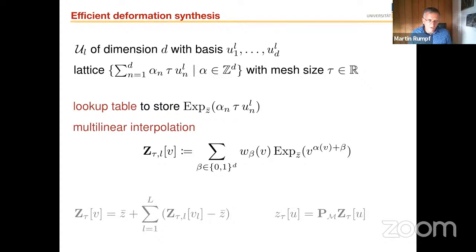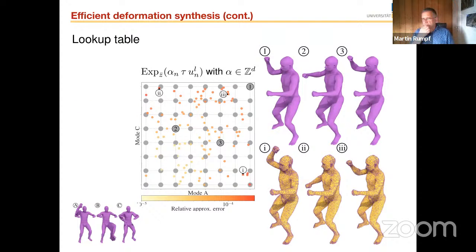And then we join all this information from the different subspaces in linear fashion. We project them with a very few Gauss-Newton steps. And this is visualized here. So here is this lookup table displayed, which has two base directions, mode A and mode C. In magenta up here, you see these 1, 2, 3 lookup table reconstructions.